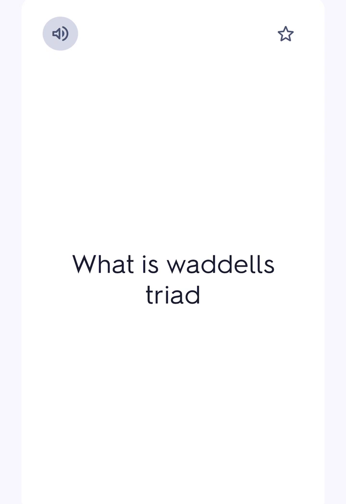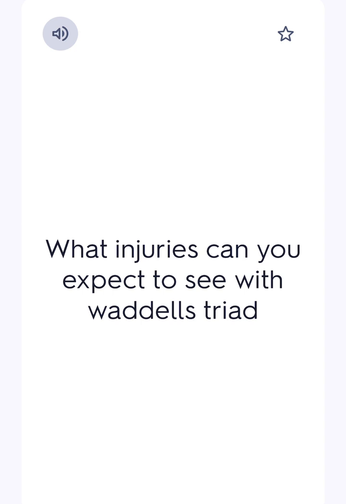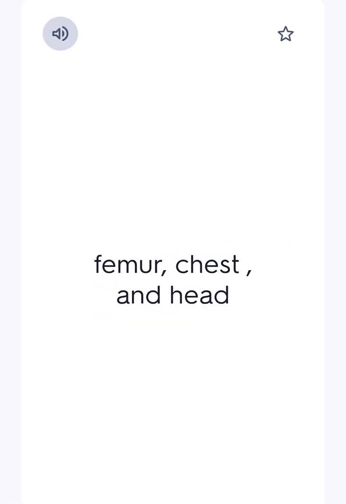What is Waddell's triad? The injury pattern observed when a child gets hit by a car. What injuries can you expect to see with Waddell's triad? Femur, chest, and head.